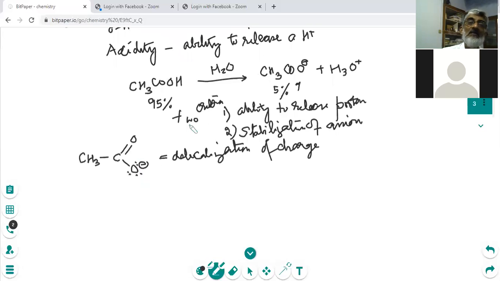Now see, delocalization. That means the charge on the oxygen is getting spread to the other oxygen also.